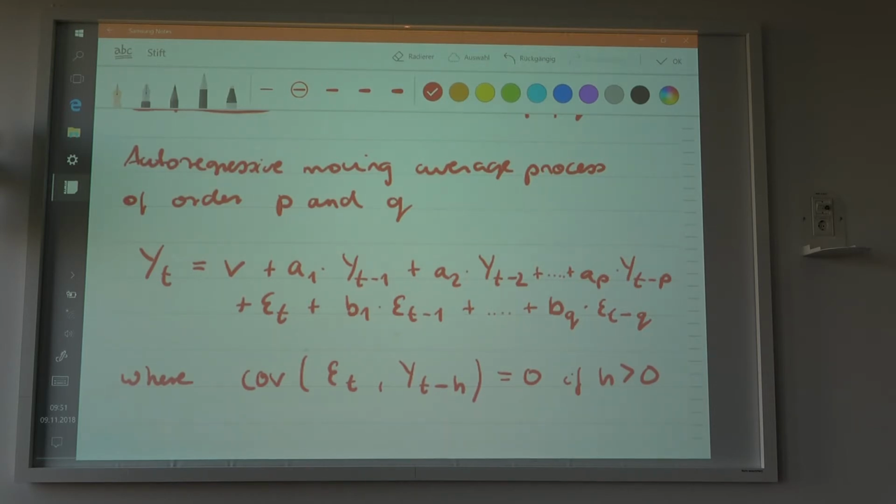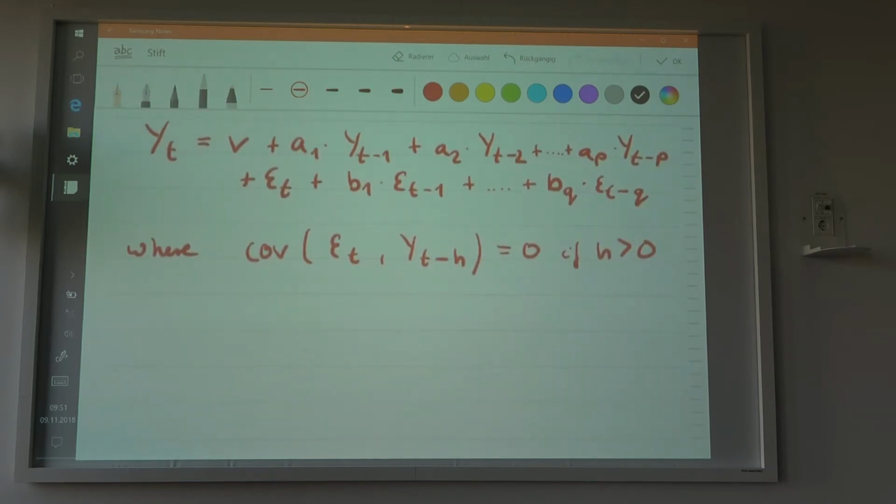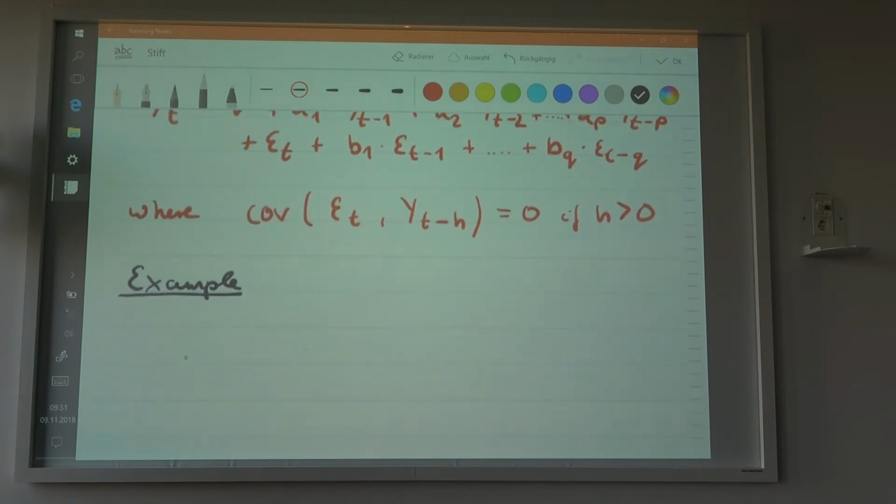Now of course if you want to express this by means of lag polynomials, I'm going to use this as an example, then it's going to be obvious what you have. This is a much more compact notation. Here you have the lag polynomial times the stochastic process, which is an ARMA model, equal to the constant plus the lag polynomial of the noise.